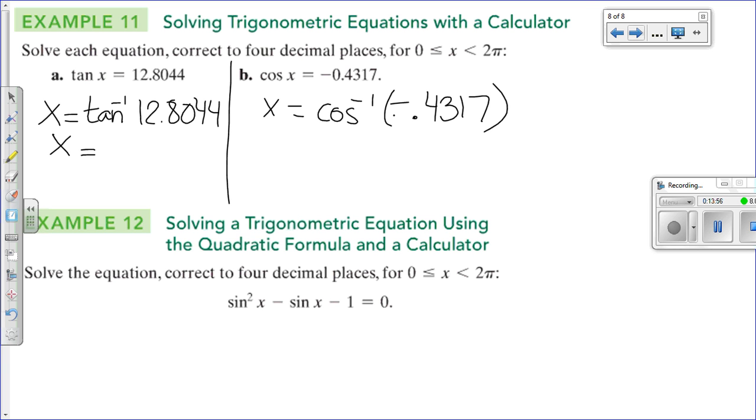So I would like for you guys to find that on your calculator. Some of you might give the answer in degrees, others in radians. Be very careful when you answer questions on MyMathLab and make sure that you answer how they want you to answer, whether it's radians or degrees, exact answer, approximation, and so on.